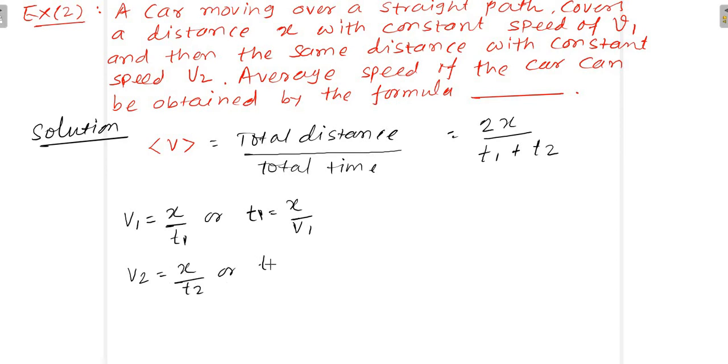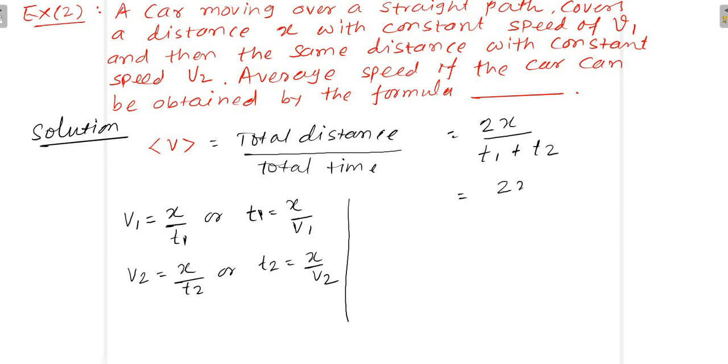So we have t2 is equal to x over v2. So if I substitute in this, what do we get?